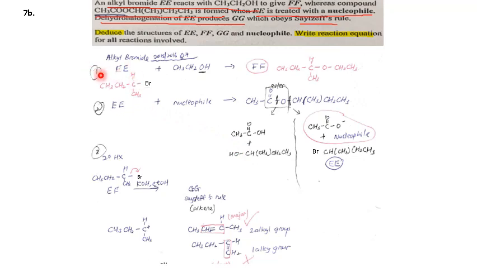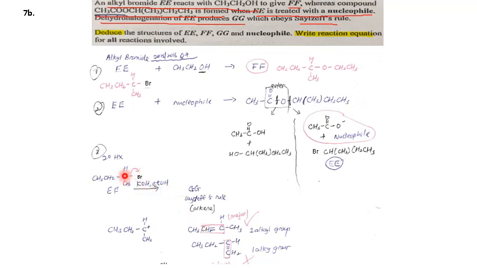Next, after we successfully get the alkyl bromide, we check the alkyl bromide reacting with ethanol. Actually, it's nucleophilic substitution. So the OCH2CH3 will be substituted over here, replacing the Br. So this is FF. Next, dehydrohalogenation of EE: we need to use potassium hydroxide in ethanol to form the alkene.